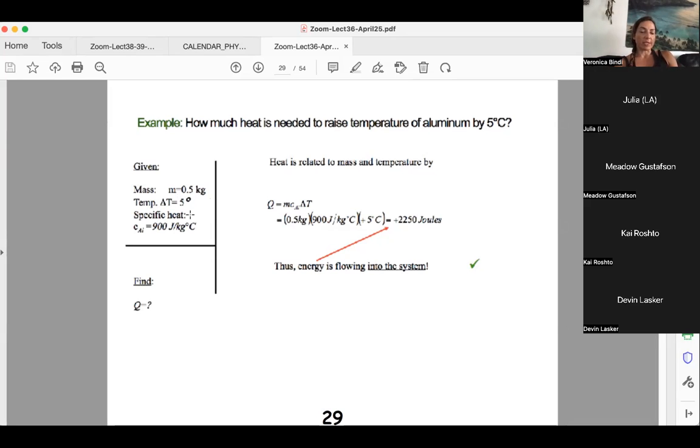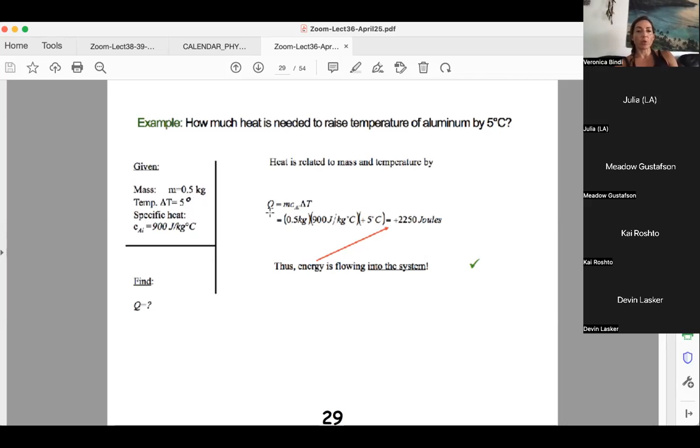And the specific heat of the aluminum is provided, which is 900 joules divided by kilogram C. So what is important is always that you check the units. So here we have 0.5 kilograms. This is also provided in kilograms, so we are good to go. We don't need to make any unit changes.